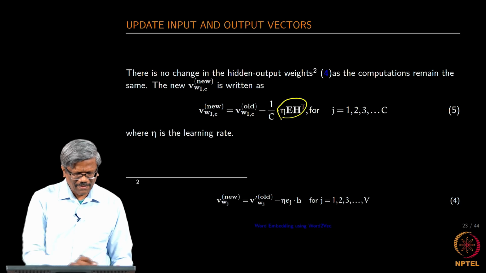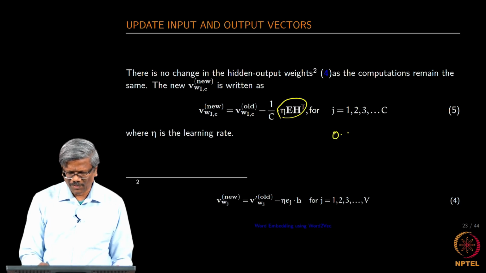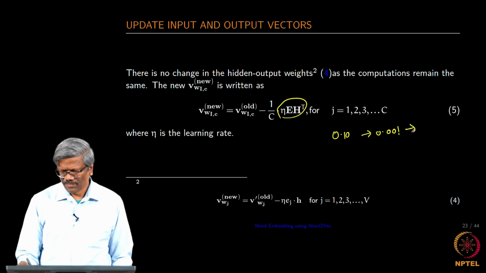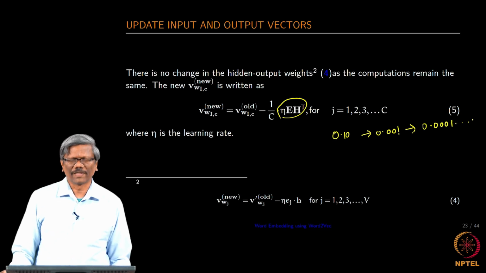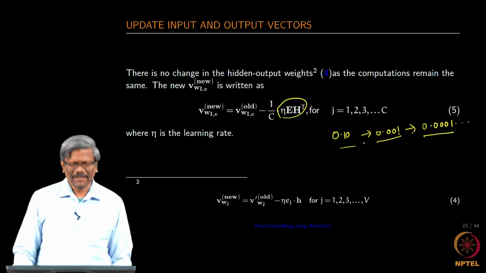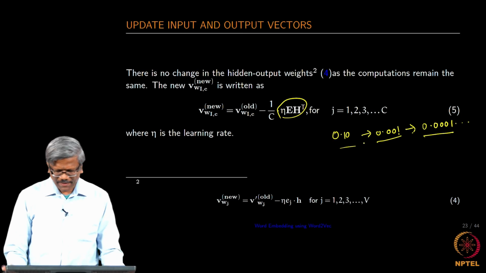And then eta is our learning parameter, which varies from 0.1 to 0.001, or sometimes even lower, and so on. Okay. So, you have to choose this value to suit your need.